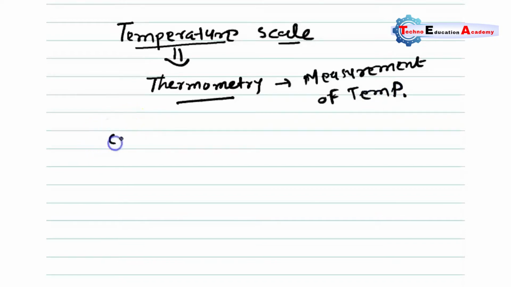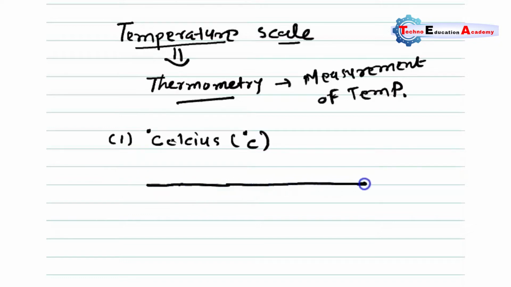First of all, we will discuss the Celsius scale, which is denoted by centigrade. We can draw one horizontal line, the scale, with two points, a starting point and an ending point.